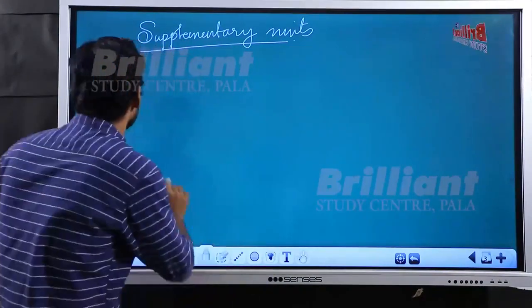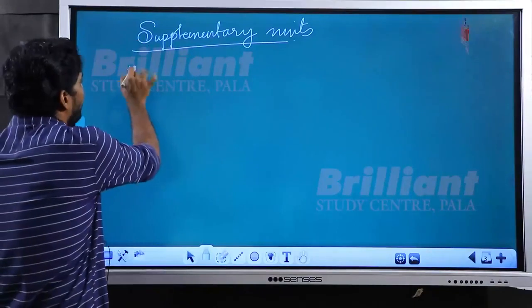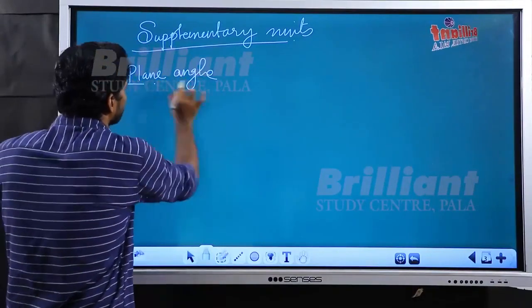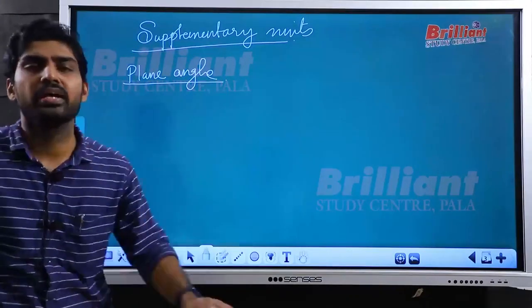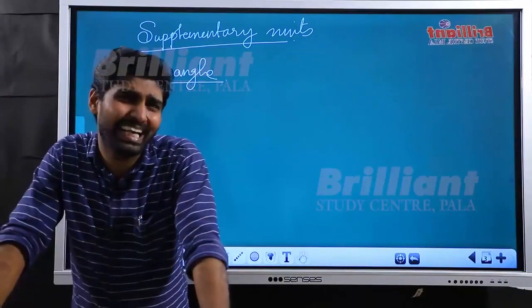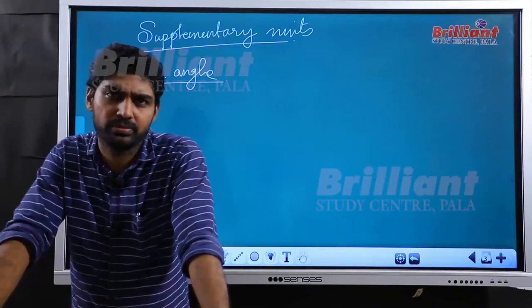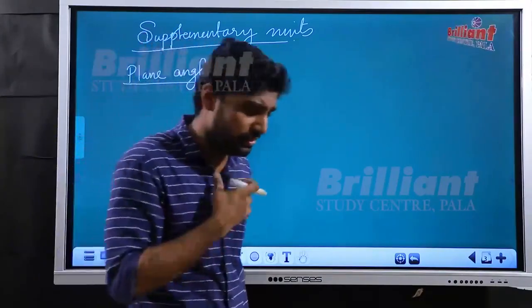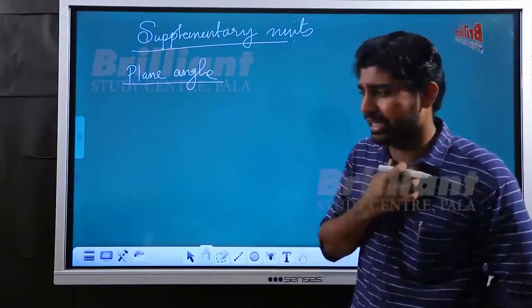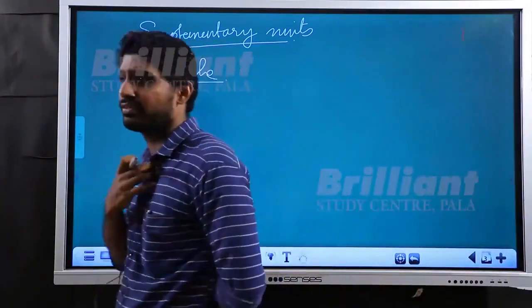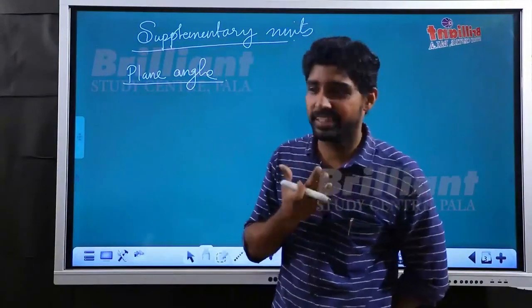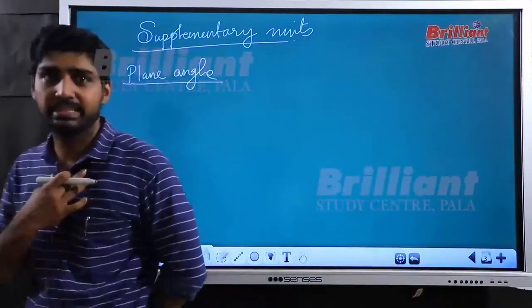One is the unit for plane angle, or simply angle. Unit for plane angle, or the angle that you know about. That is what we call the unit of angle. You are familiar with angle and its measurement, and the unit of angle that you use now would be degrees, like 90 degrees, 360 degrees, 180 degrees.